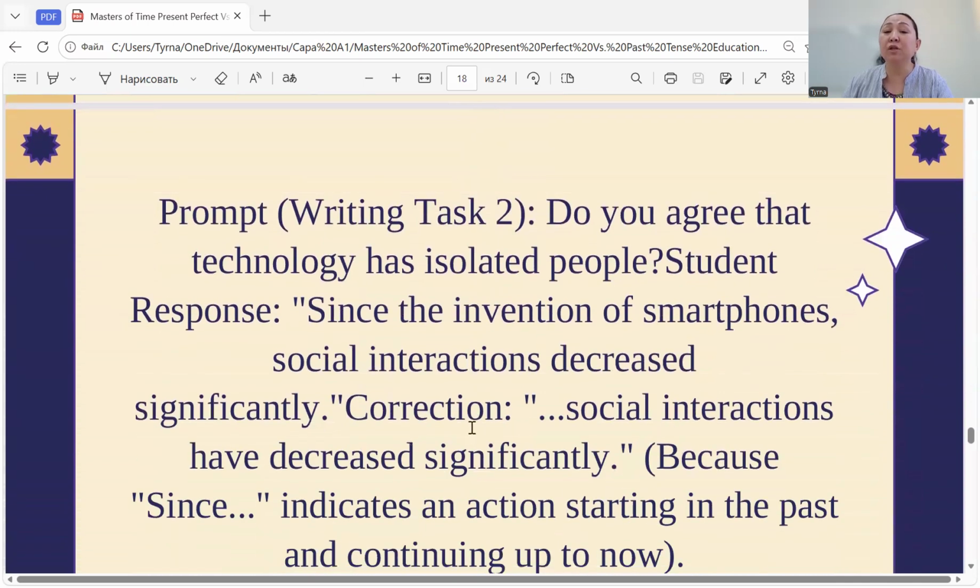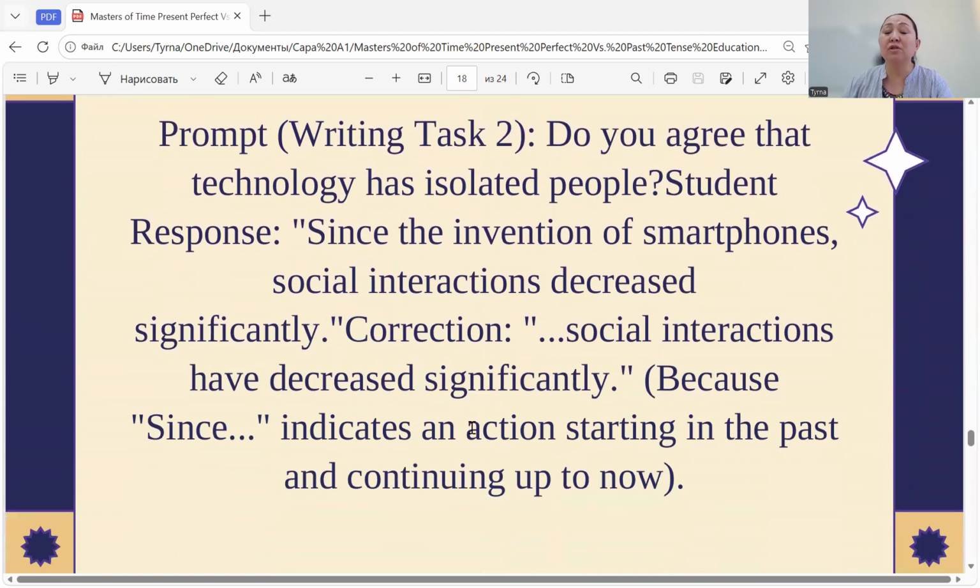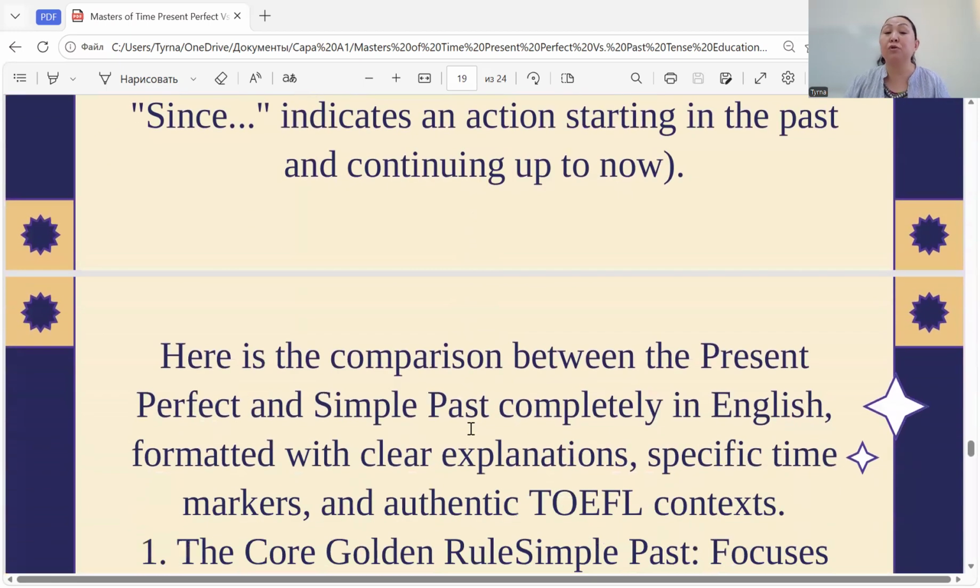Do you agree that technology has isolated people? Student response: Since the invention of smartphones, social interactions decrease significantly. Correction: Social interactions have decreased significantly, because since indicates an action starting in the past and continuing up to now.